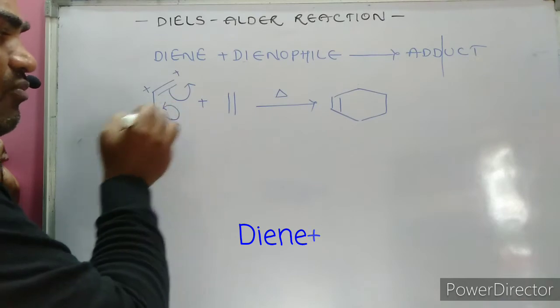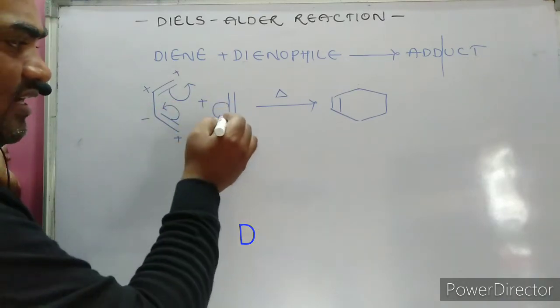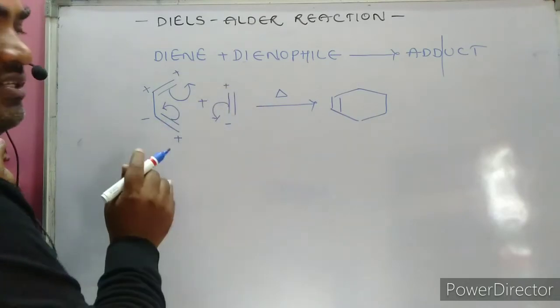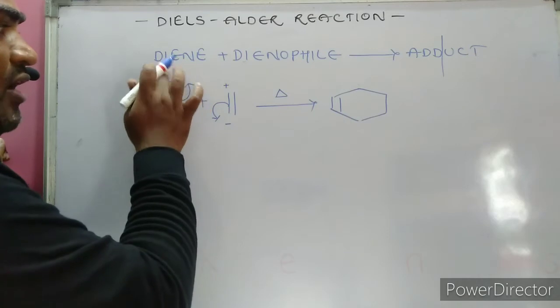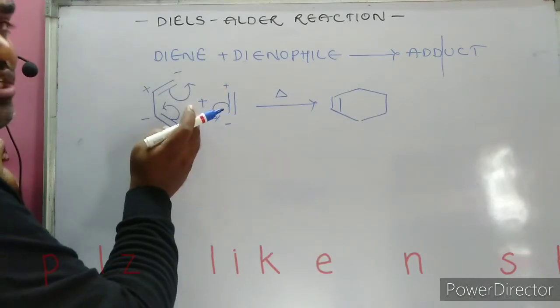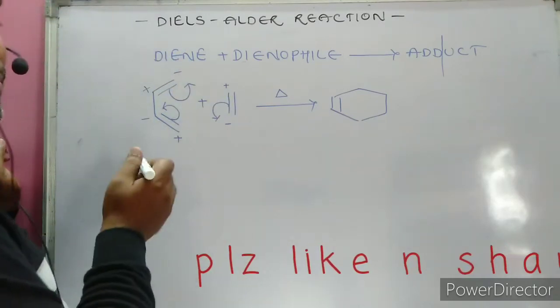Again these electrons move toward this side, minus and plus. Like this, with negative and positive charges, a new bond forms and an existing bond breaks through the cyclic intermediate.